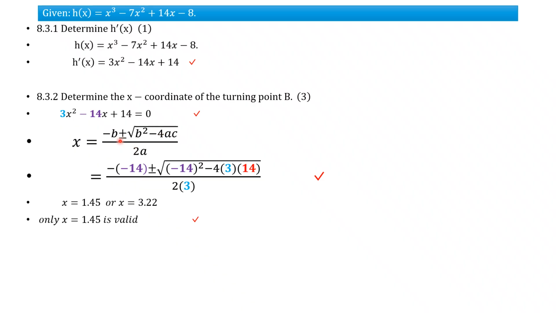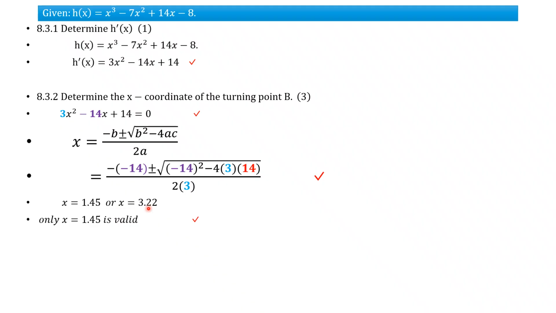So b is negative times negative 14, plus or minus the square root of negative 14 squared minus 4 times a being 3 and c being 14, over 2 times 3 for a. We simplify and get x equals 1,45 or x equals 3,2.